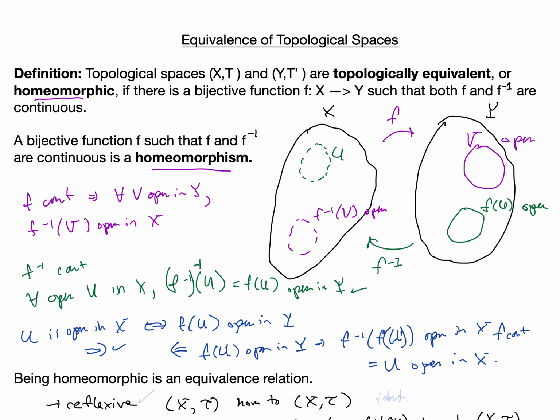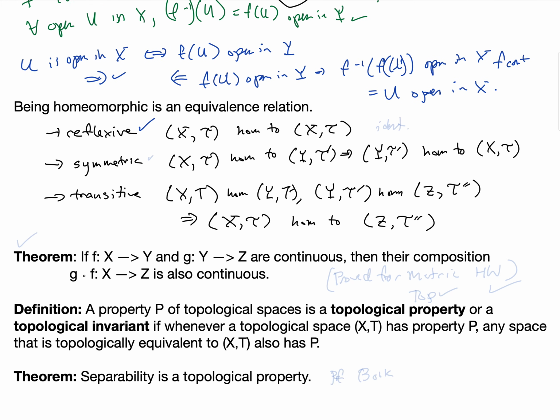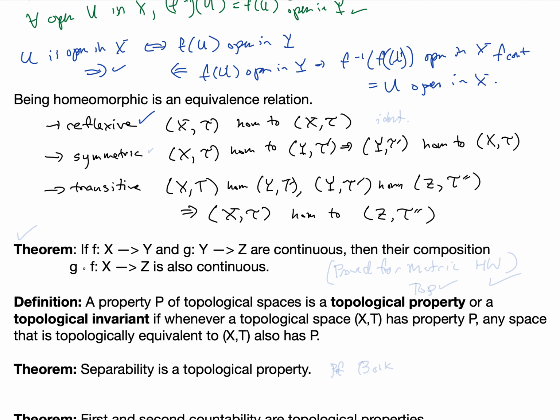Being homeomorphic is an equivalence relation. That means it's reflexive, symmetric, and transitive. We also already showed this in terms of metric spaces. Here, thinking about it again, clearly reflexive works because any topological space is homeomorphic to itself through the identity function.